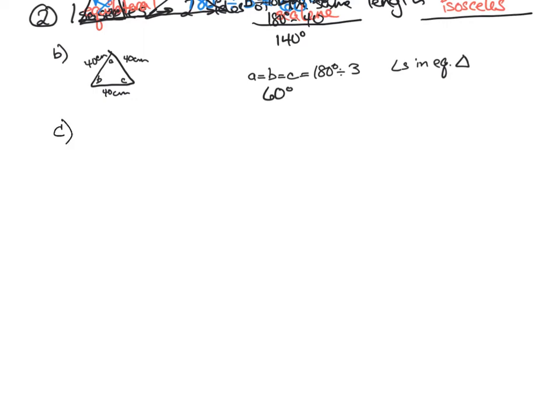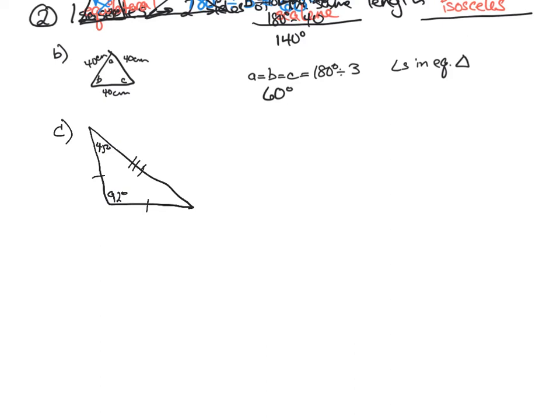C. So in this case, I know that this is 92 degrees, and I know that this is 45 degrees. This is a scalene, even though it kind of looks like it could be equal. It has the lines and they're not going to give me something that's equal.